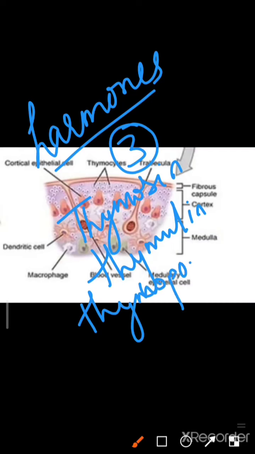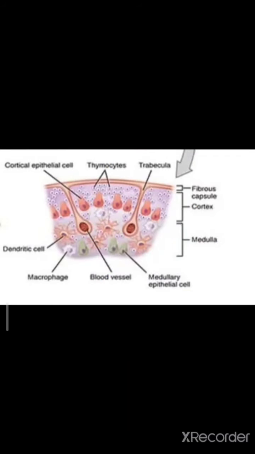These are the hormones produced in the thymus for the development of T cells, for their differentiation and maturity. Along with these epithelial cells, there are some other cells like dendritic cells, macrophages, etc. These cells are also helpful in the development and differentiation of T lymphocytes.